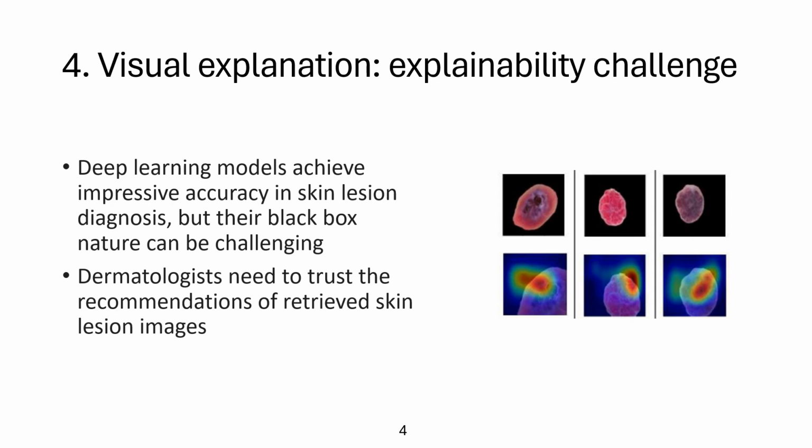Deep learning models achieved impressive accuracies in skin lesion diagnosis, but their black box nature can be challenging. By black box, we mean that it can be difficult to understand exactly how these models arrive at their conclusions, even though they are very good at identifying patterns. Dermatologists need to trust the system's recommendation, so they rely on understanding the why behind the diagnosis.